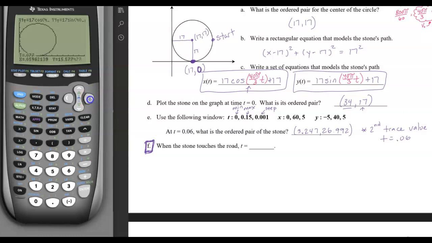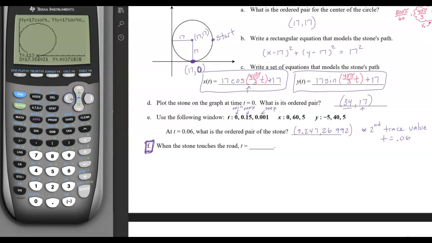So I'm just going to spam the right arrow till I'm about on the ground. And what you're looking for is the closest y value to 0 or the closest x value to 17, either one. But I think it's easier to look at the y value of 0. So I'm getting closer and closer to 0. Oh, and then I stay the same.